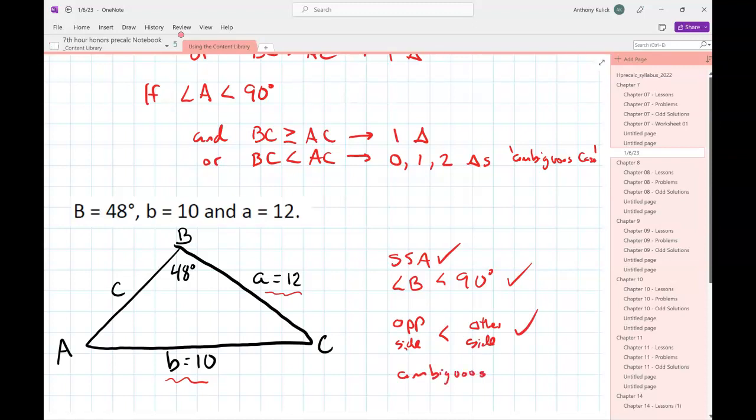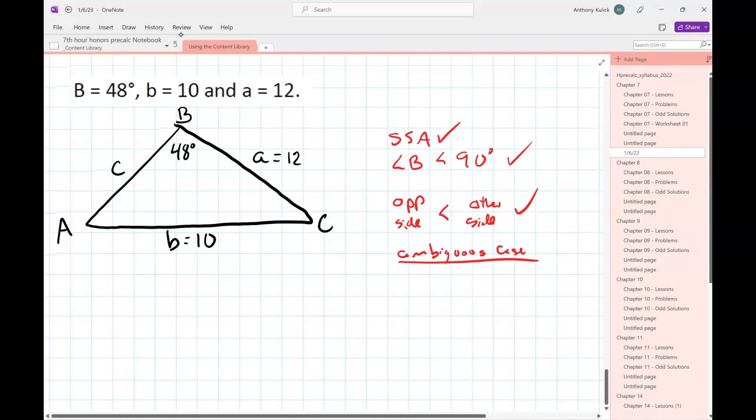And that is the smaller, so we are in the ambiguous case situation. So we have to determine whether we have 0, 1, or 2 triangles. Everybody okay with how I determined what was going on? Okay. Let's show you how to make that determination now.